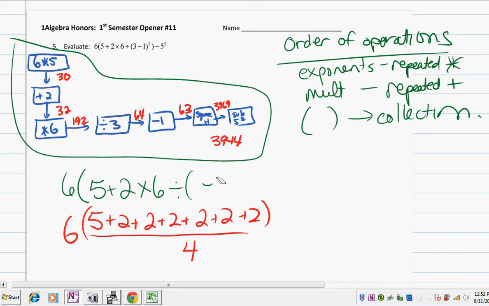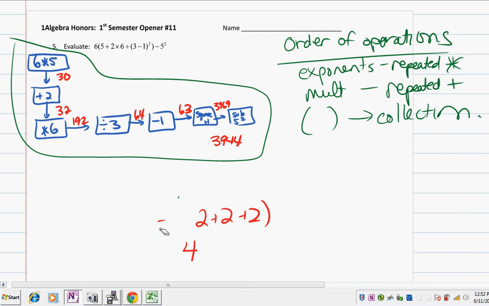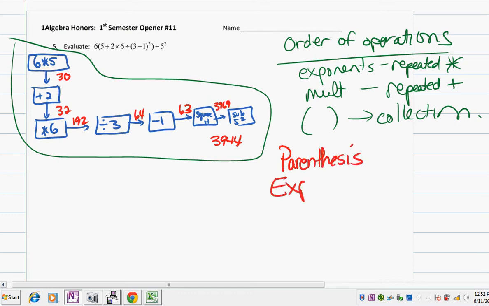The order that we've agreed to, I guess as a mathematical community, so that we're all communicating the same thing, is that we do parentheses first, then we do exponents, then multiplication and division. Now these come in the same order.